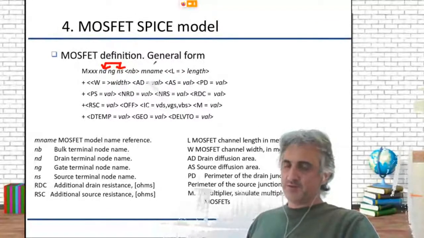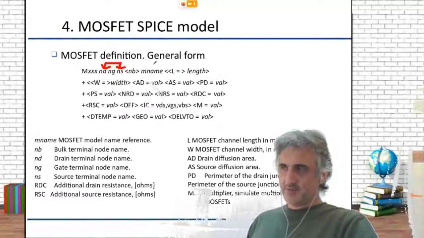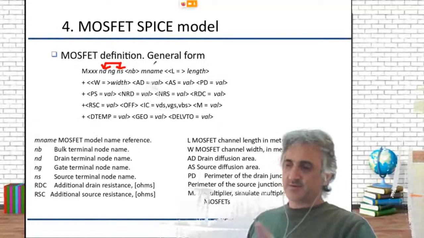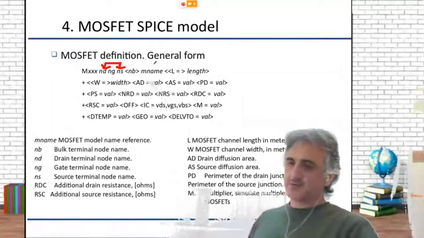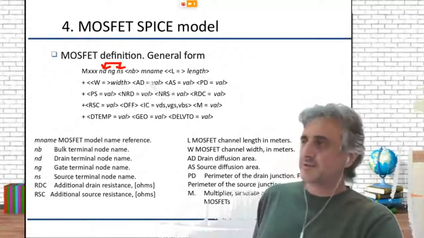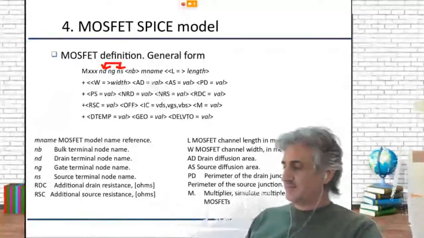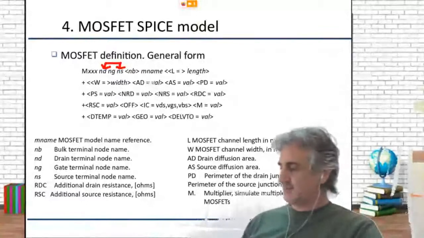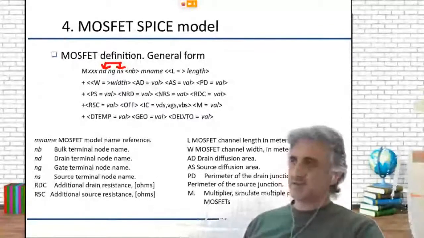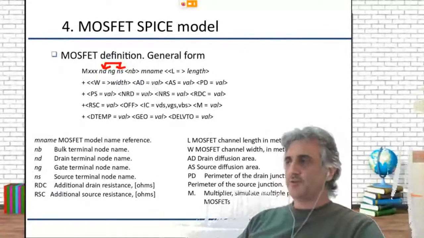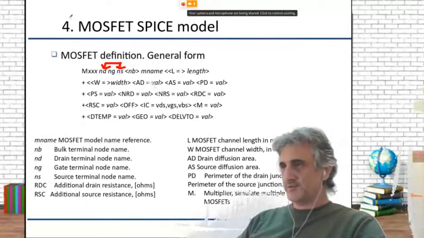You can swap them without any problem. When you have the drain, you can put the source and vice versa, and the model will behave exactly the same because the physical device is symmetrical in drain and source. Not on the other things, but on drain and source, it has to be symmetrical.